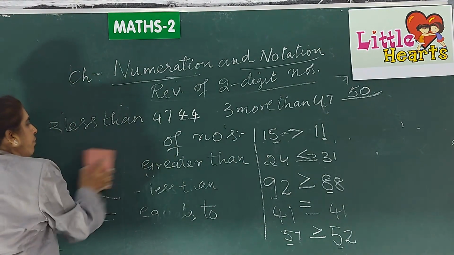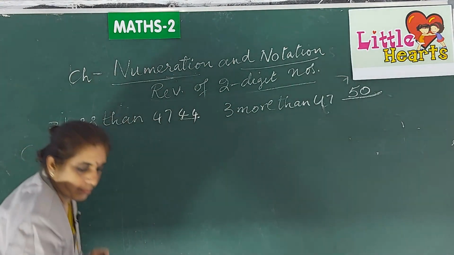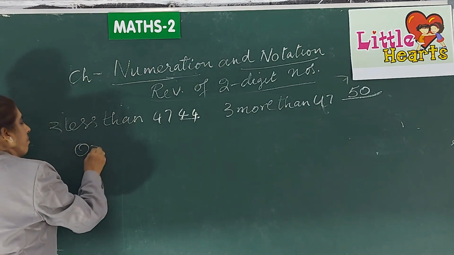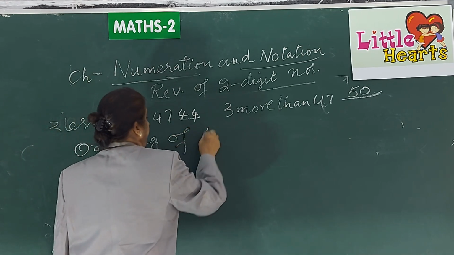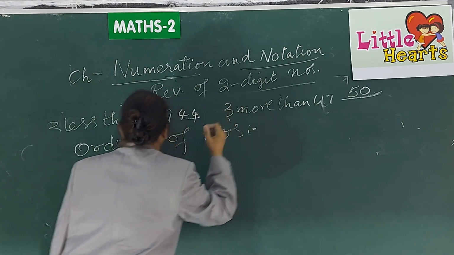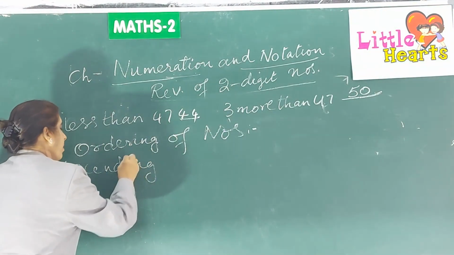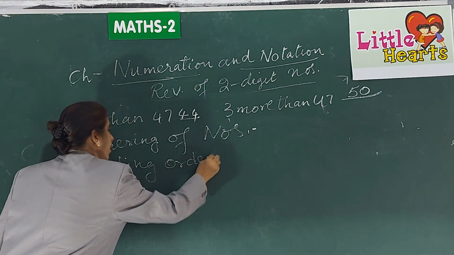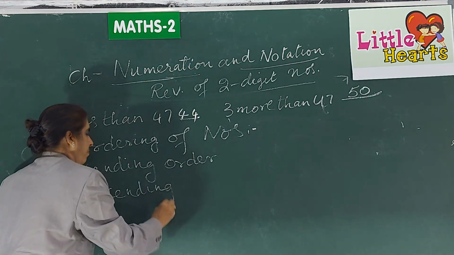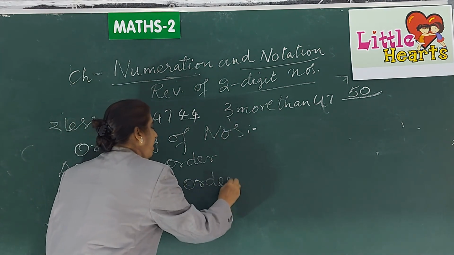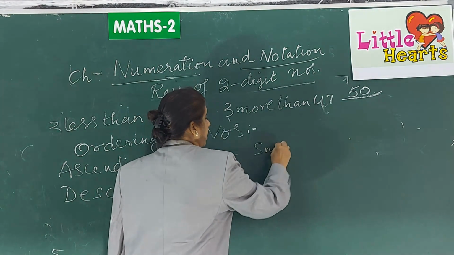Now, ordering of numbers. Ascending order, descending order. Ascending order is arrangement of numbers from smaller to bigger.